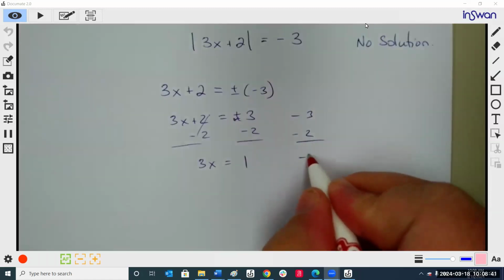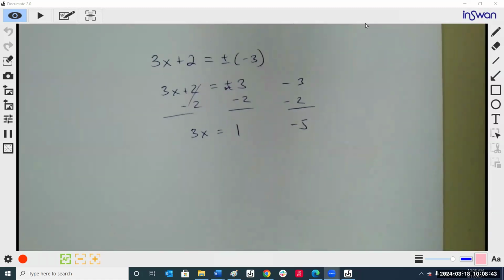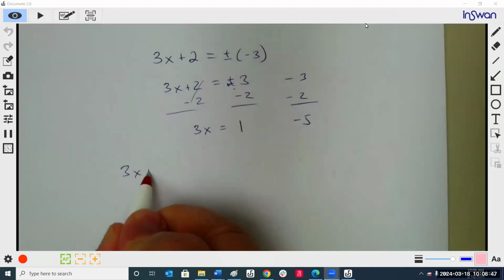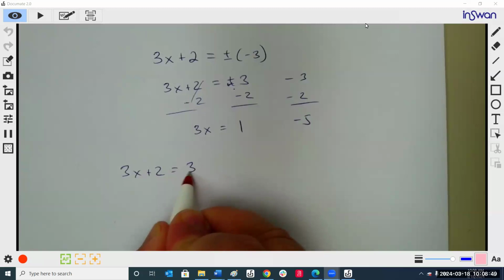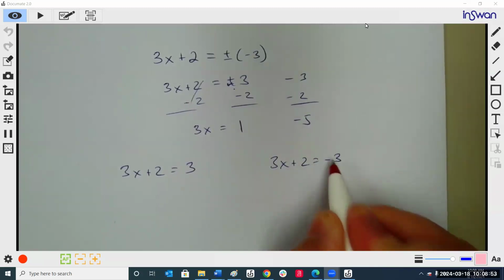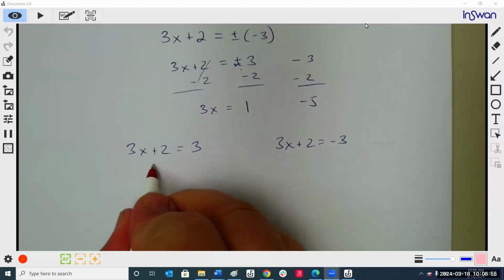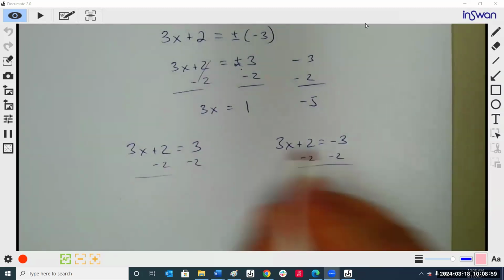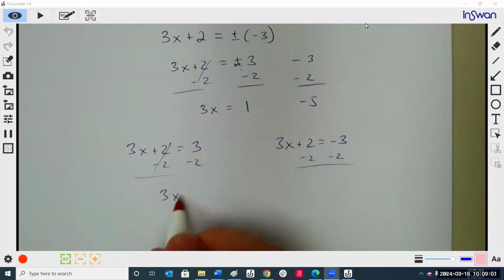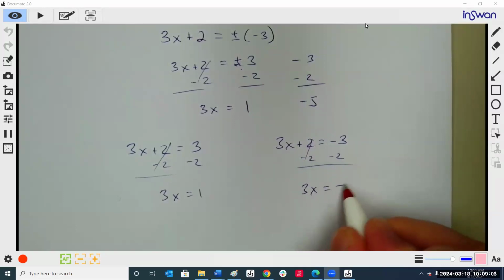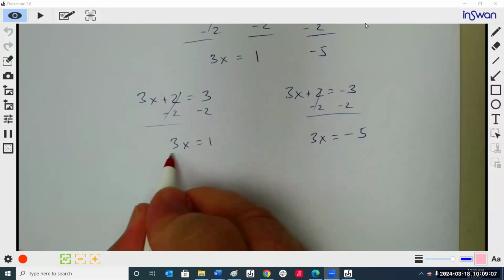It would be 1 or -5. Because remember, at this point we'd have 3x plus 2 equals 3. 3x plus 2 equals -3. So we subtract 2. And then we divide by 3.